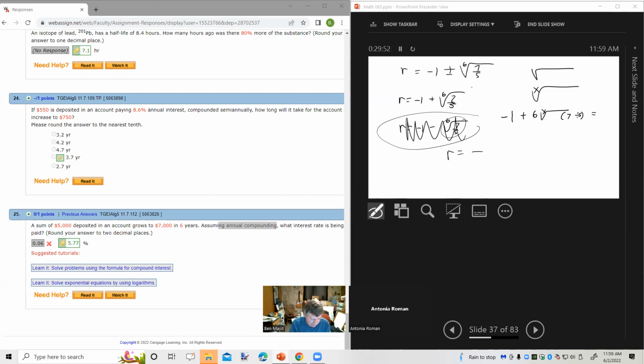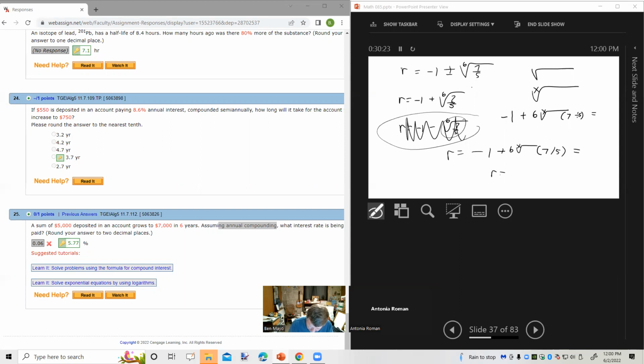So I've got -1 plus 6, and then second caret key. I'm going to put a left-hand parenthesis and then go 7 divided by 5, close the parentheses, and push equals.